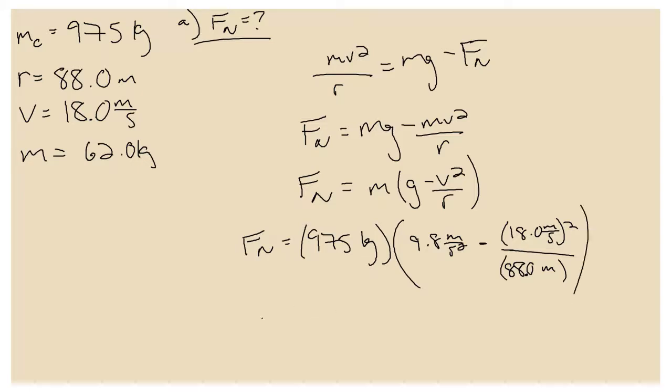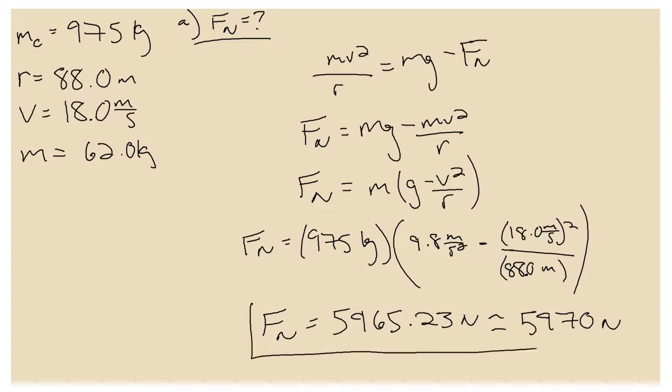When you plug in those numbers, make sure you follow the order of operations, PEMDAS, and you get 5,965.23 newtons, or to 3 sig figs, 5970 newtons. And that's it. That's the normal force. Now, like I said, I didn't want you to do this whole thing because the calculation for part B is identical.